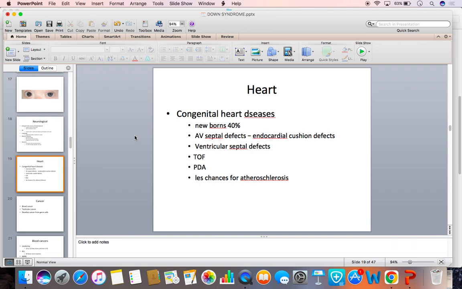Tetralogy of Fallot, they do survive. Isolated tetralogy of Fallot without any other complex anomalies, they survive with early surgical intervention. PDA can be corrected. In these children, surprisingly, there are less chances for atherosclerosis.